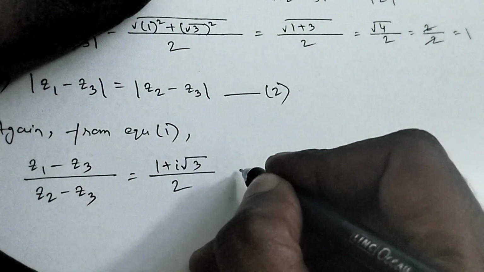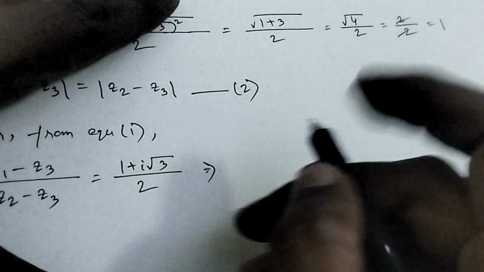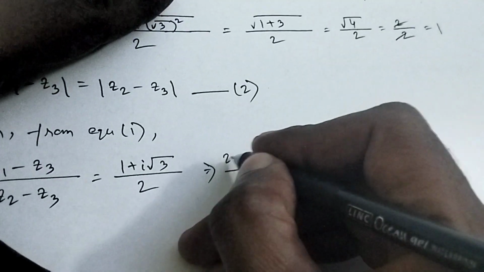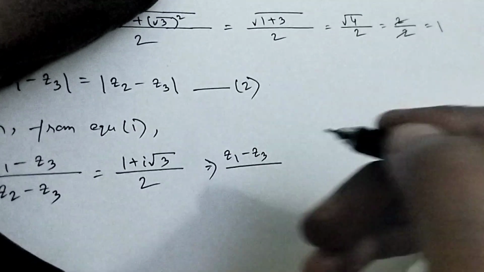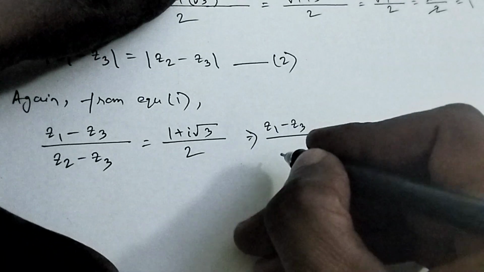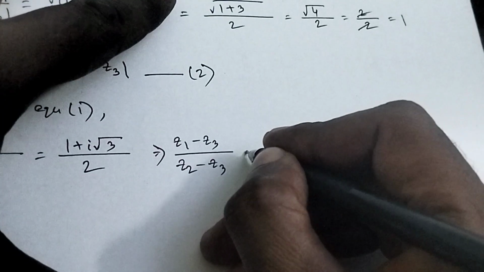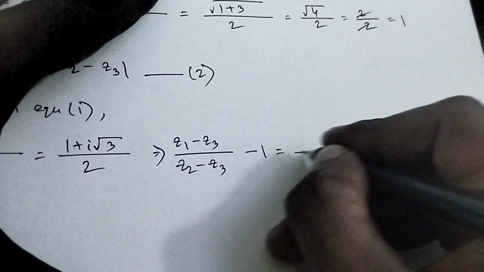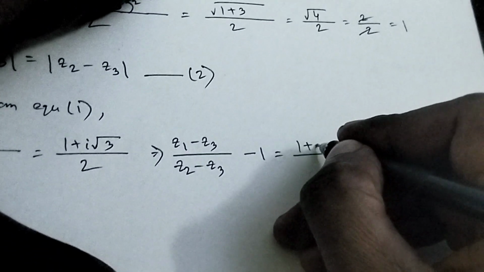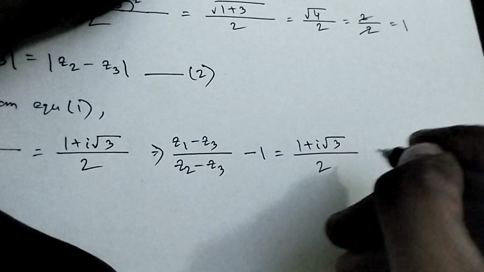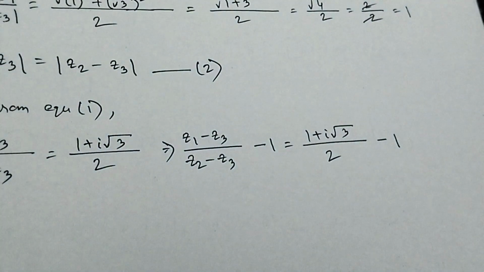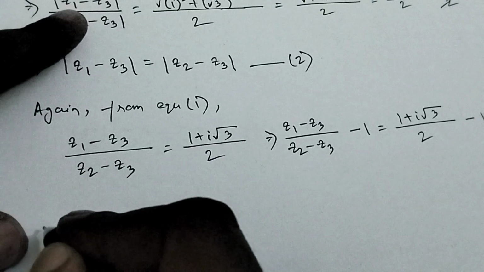So now we will subtract 1 from both sides. So (z1 minus z3) by (z2 minus z3) minus 1 is equal to (1 plus iota root 3) by 2 minus 1. So what will it be?